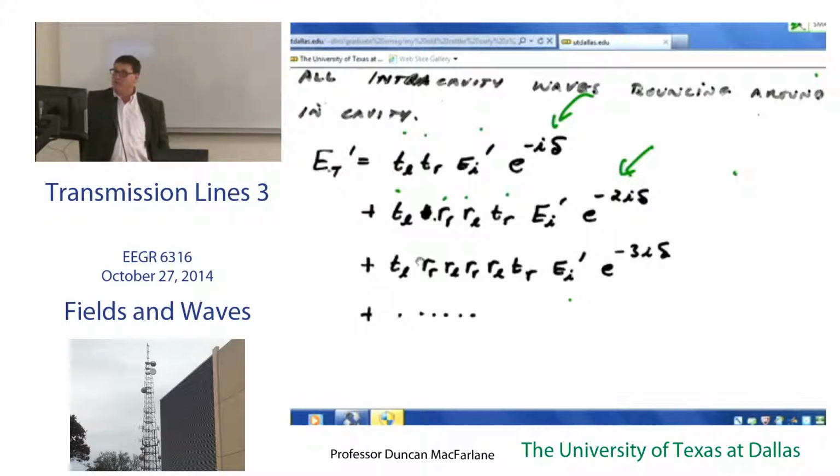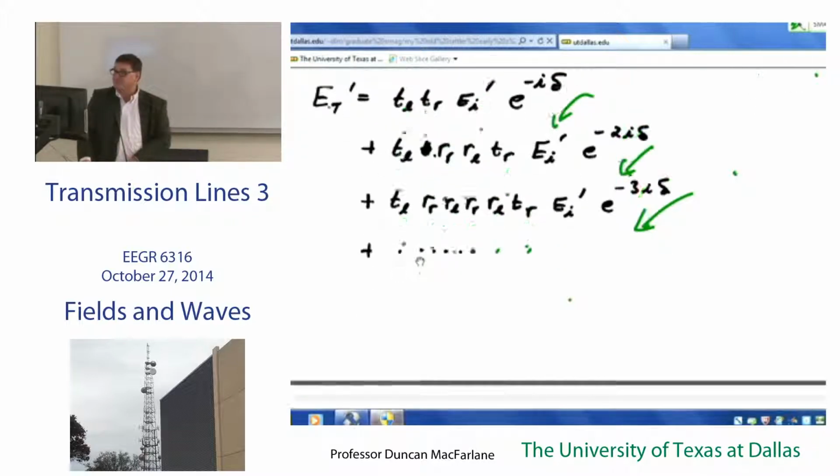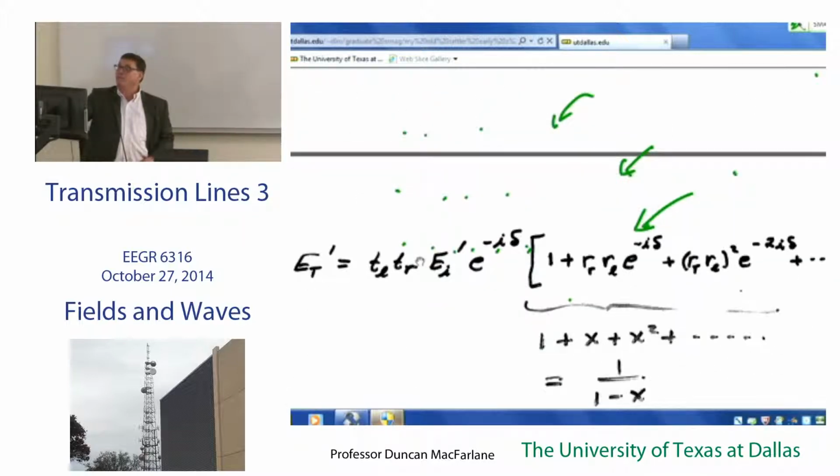The third one through: transmission on the left-hand side, reflection on the right, reflection on the left, reflection on the right, reflection on the left, reflection on the right, transmission on the right, and 3 phase delays of my structure through there. And so I can write this. It's an infinite sum.